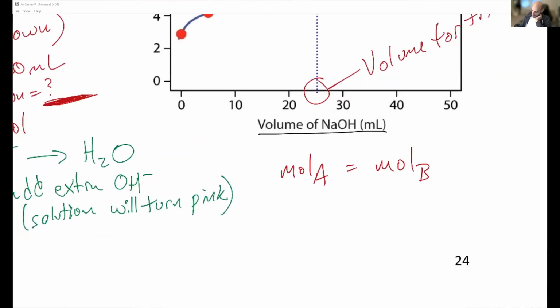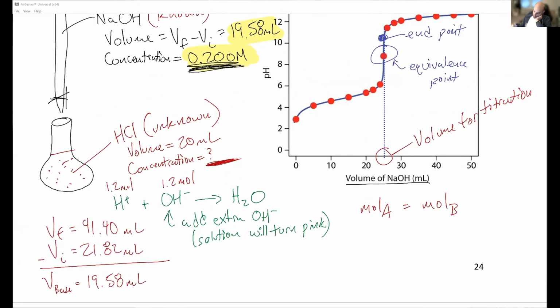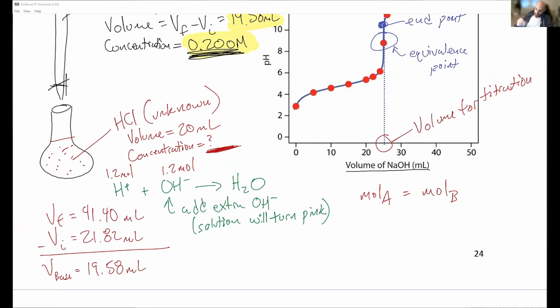And this is the big thing for solving for concentrations. Moles of anything, by the way, when we're doing one of these concentration calculations, is going to equal concentration times volume, but the volume must be in liters because my concentration is in moles per liter.